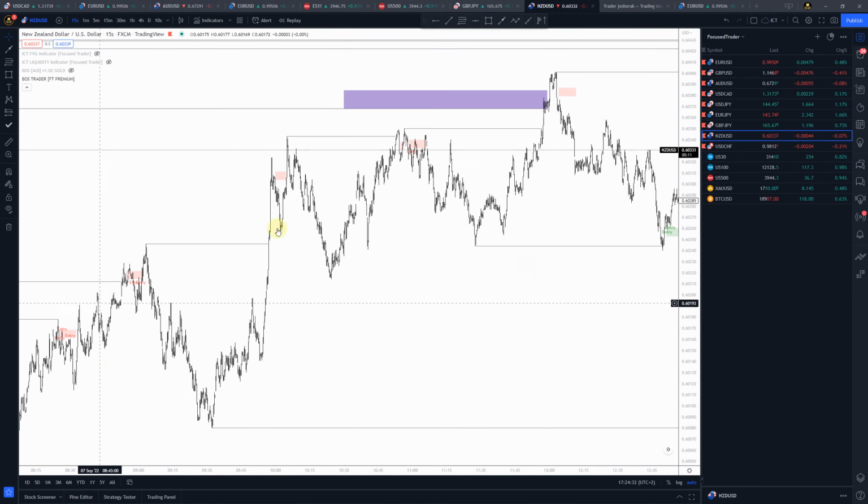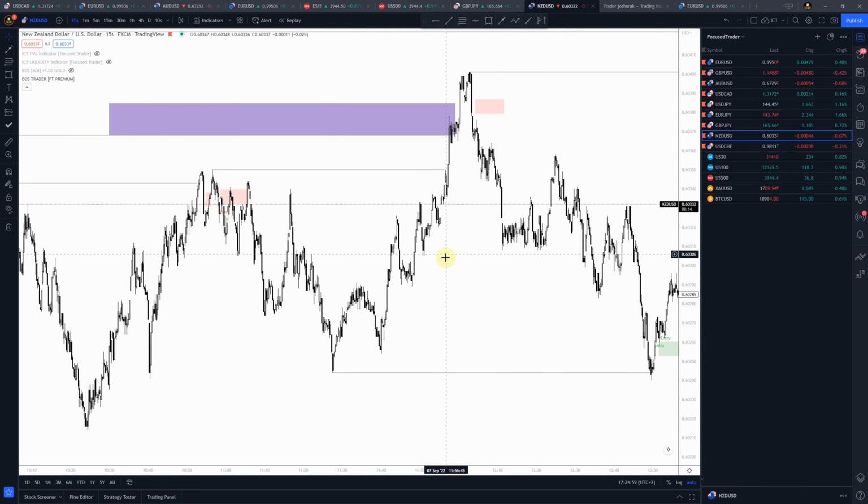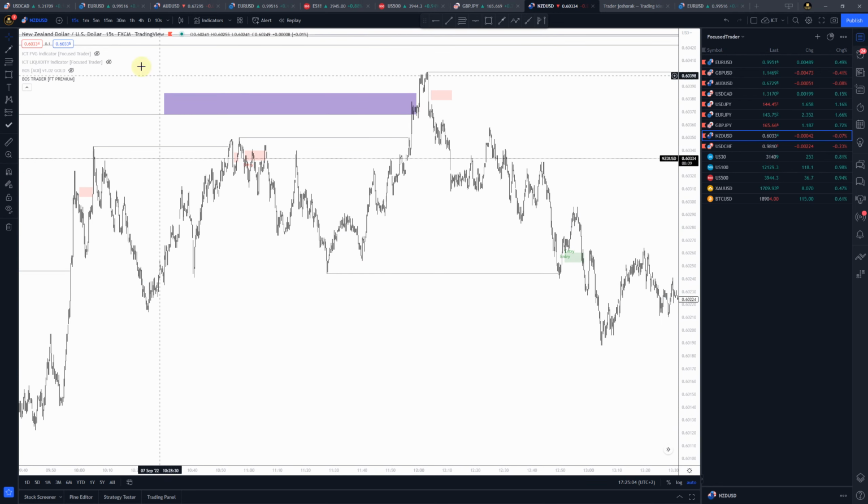Okay, so the way I work with that is that I'm setting my alerts for 15 seconds and 1 minute. Right now I'm doing only 1 minute because my time is limited, so I don't have so much time to sit in front of my computer, and 15 seconds could send you many more alerts, but you won't manage to open the chart to figure out what the current setup is, if the last impulse was bullish or bearish, etc. So I want to trade the 1 minute time frame, so I have my alerts.